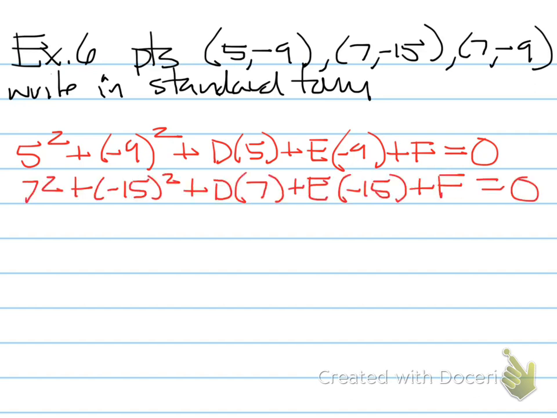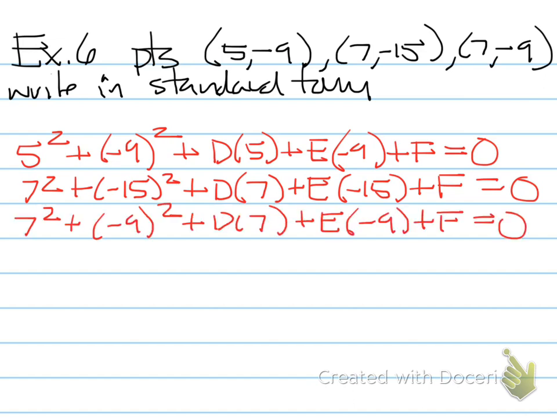Do the same thing for the second coordinate, plug in 7 for the x, plug in -15 for the y, and then the same for the third coordinate, plug in 7 for the x, plug in -9 for the y. Again, we're plugging those coordinates, the x's and the y's, into the general form of the circle equation.